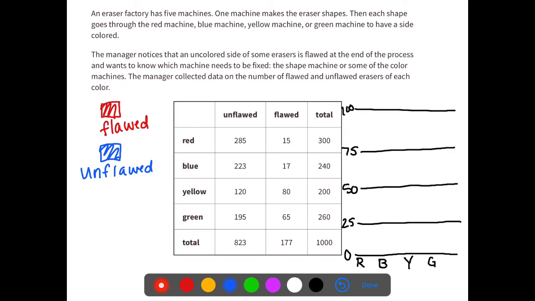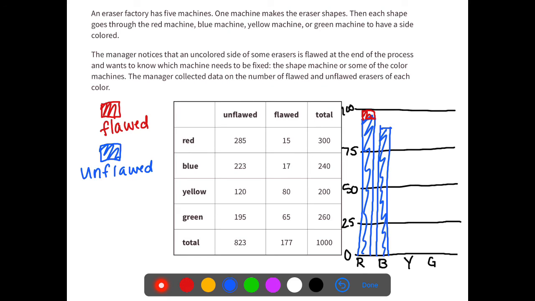of each color. And so, if we're looking at this, unflawed, it is for red, it's almost all the way up to 100. And then for flawed, it's very little. For blue, it goes pretty far up there, but not quite as far as red.